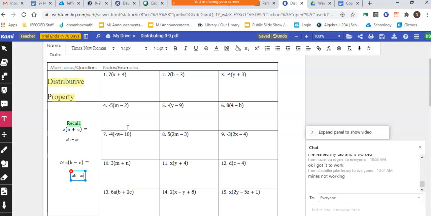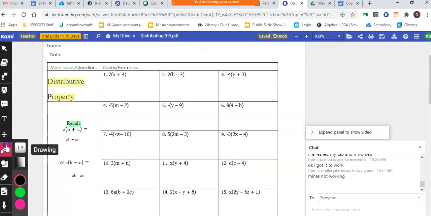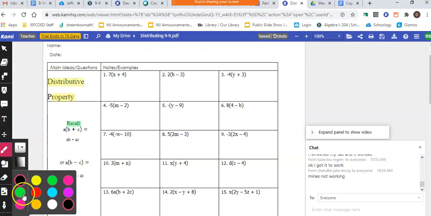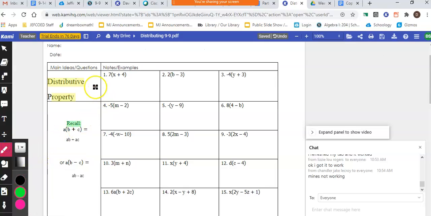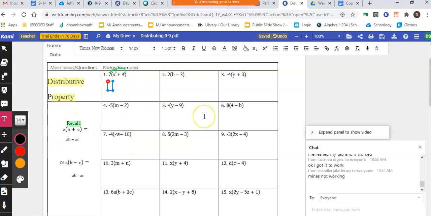All right. Now, if you're looking at the first couple examples up top, we're going to do just a couple of these. I'm going to select my drawing tool so you can kind of see what I'm talking about here. So here, guys, we're going to distribute the 7 to the x. So we're going to multiply the 7 times the x. And then we're also going to multiply the 7 times the 4. Okay, so once we do that, we should get 7 times x, which is going to be 7x.